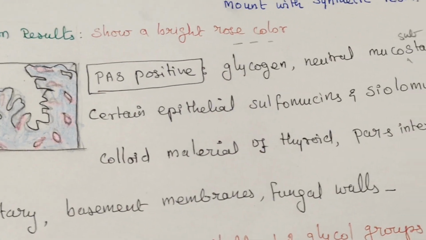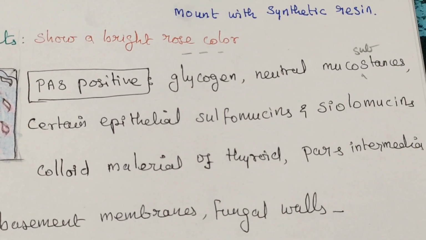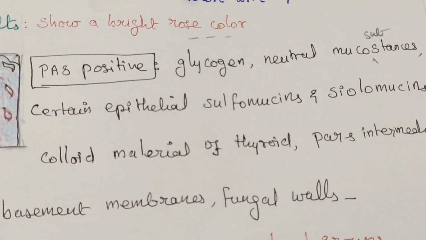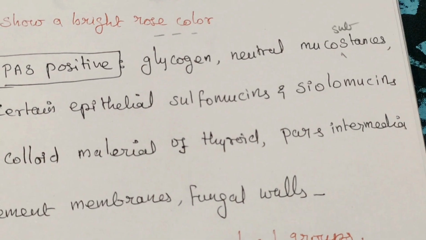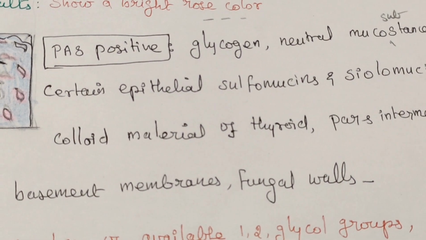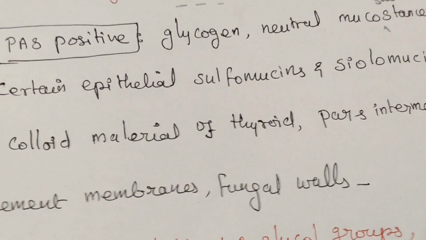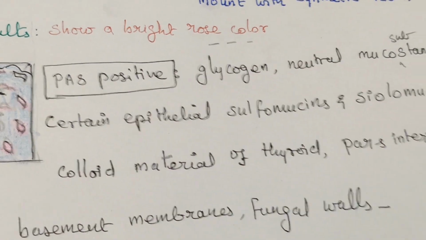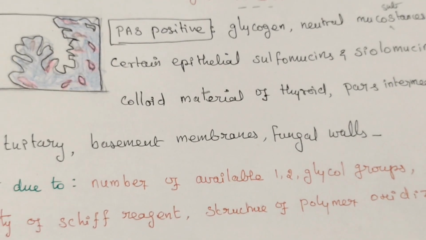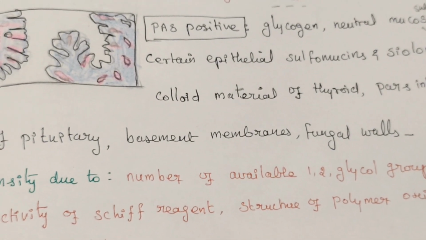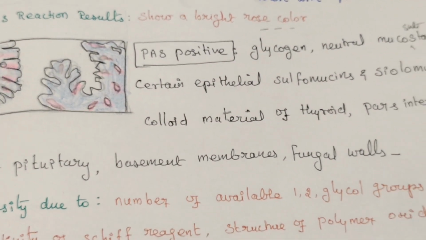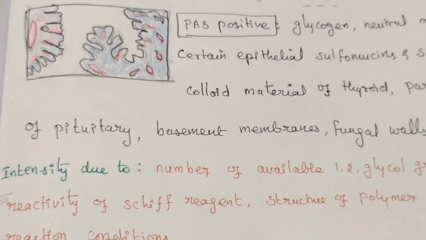PAS reaction is positive in glycogen, neutral mucous substances, sulfomucin, sialomucin, colloidal material of thyroid, then basement membrane and fungal cell wall. All these are considered PAS reaction positive.